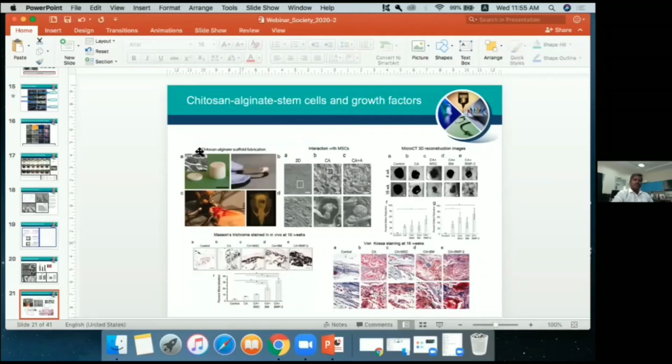So here we developed chitosan allogeneic with the stem cell and the growth factor, and interaction with the mesenchymal stem cells. As we can see, the growth factor and the chitosan allogeneic are giving better yielding ability compared to the control and only chitosan and allogeneic.